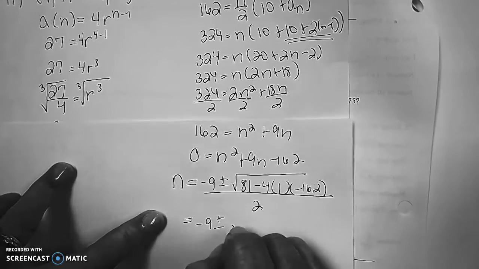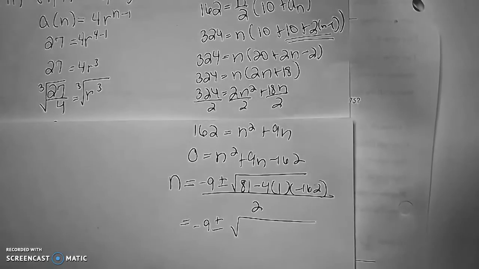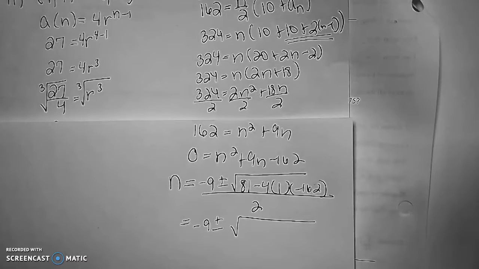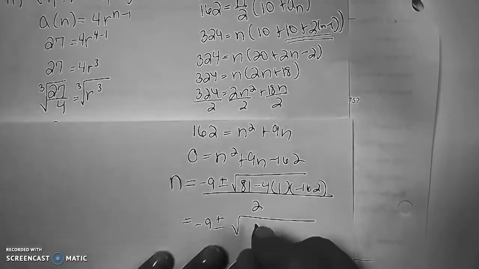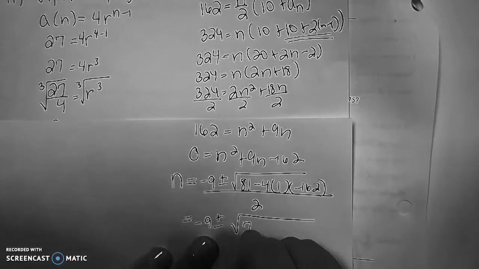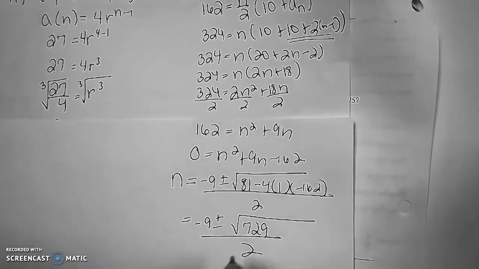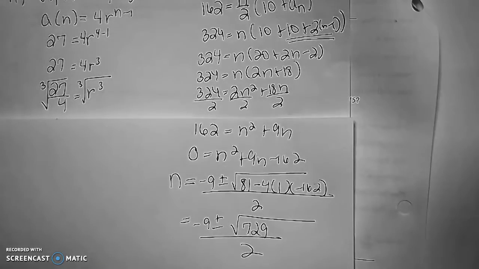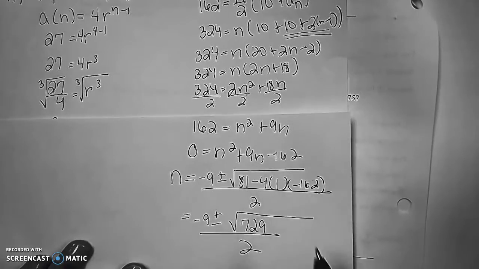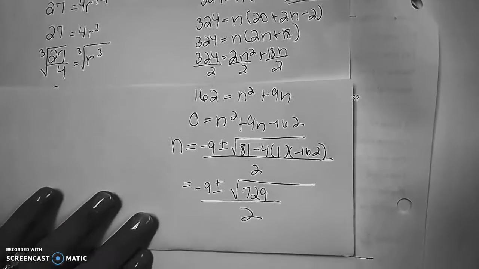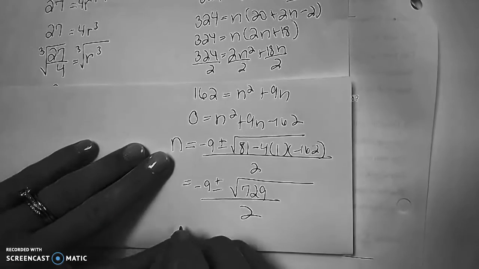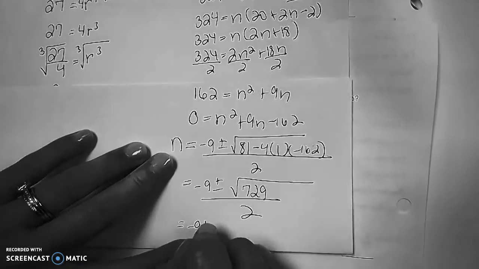So negative 9 plus or minus the square root of negative 4, I'm doing this in my calculator. So I ended up getting 729 for the quantity under the radical, and the square root of 729, that is a perfect square.